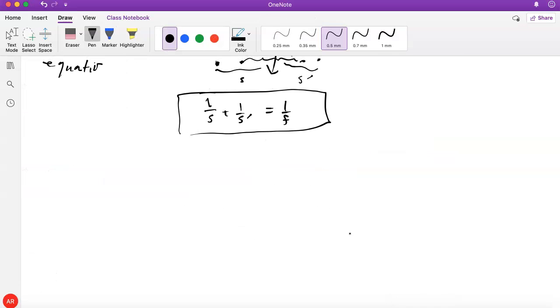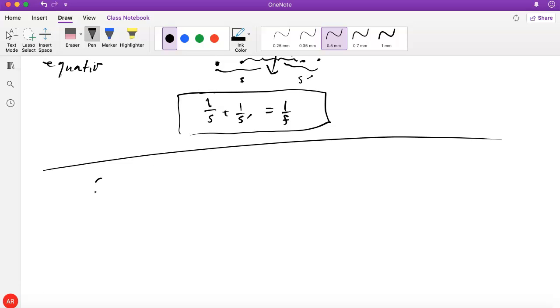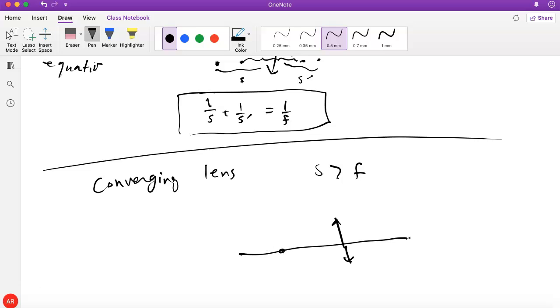Let's just draw a different case. So the case we drew before, we had a converging lens, S larger than F. So what we had was, let's say F is here, here.